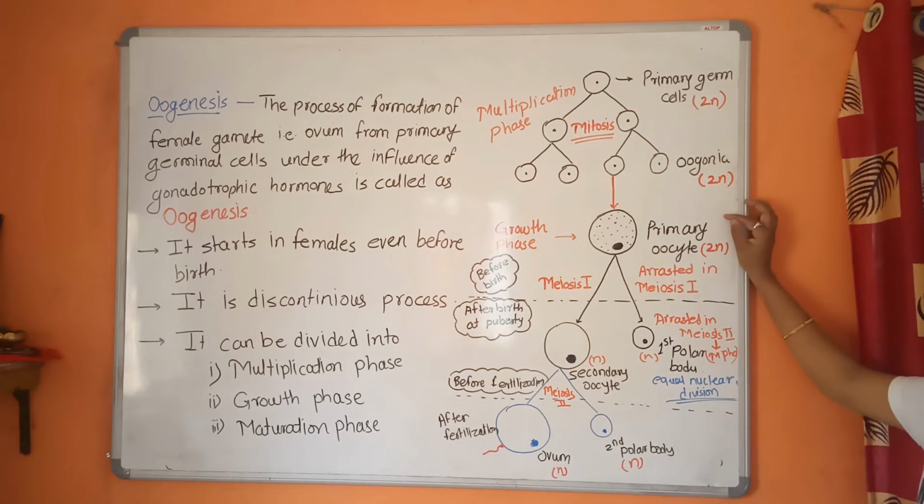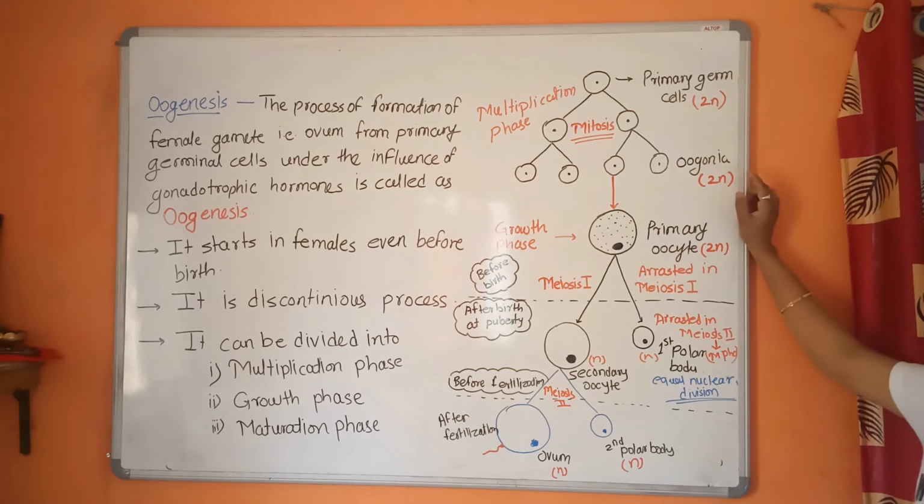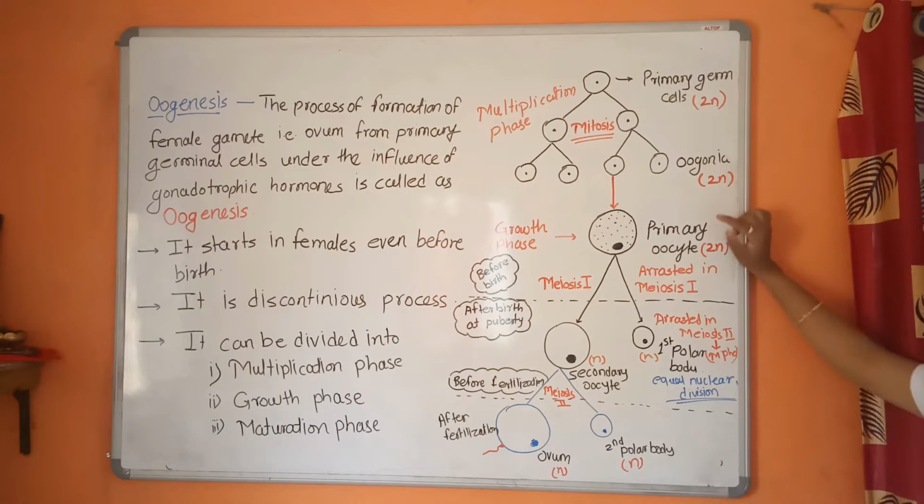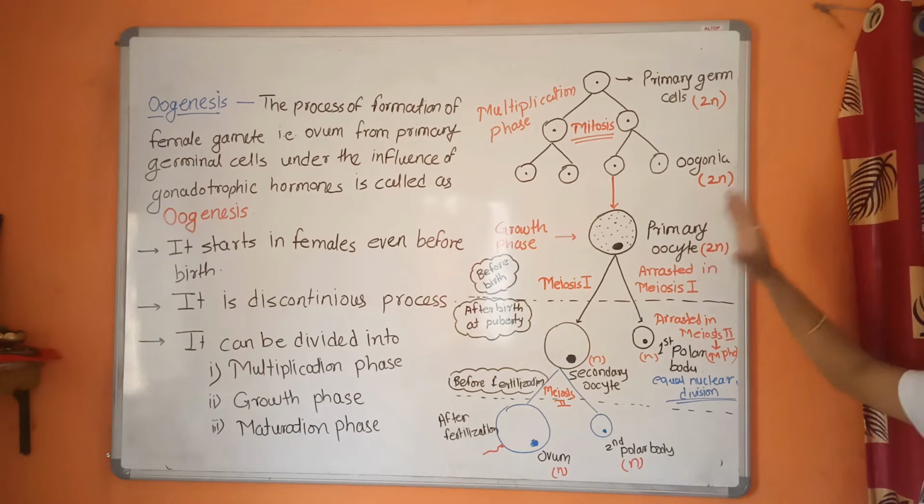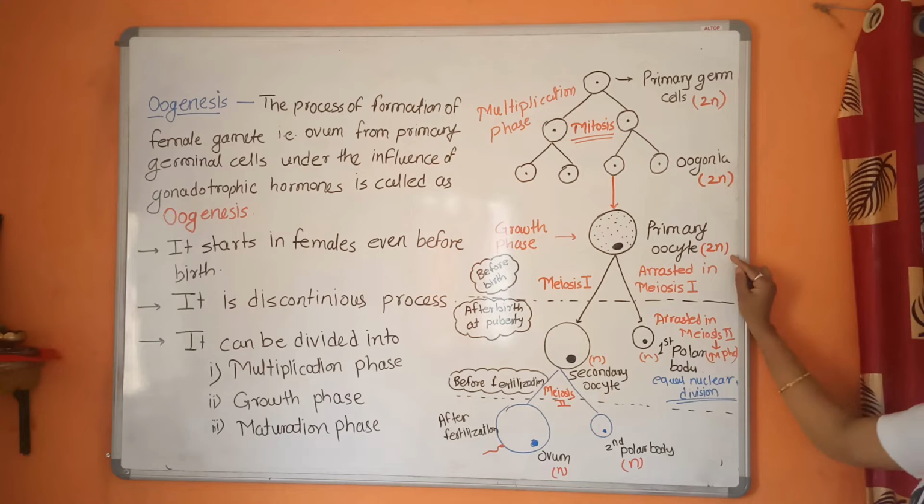So in the growth phase, the oogonia convert into the primary oocyte. This is also a diploid cell.